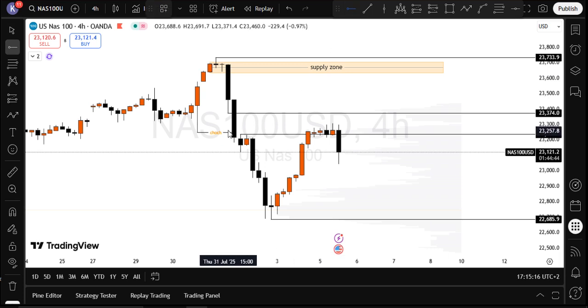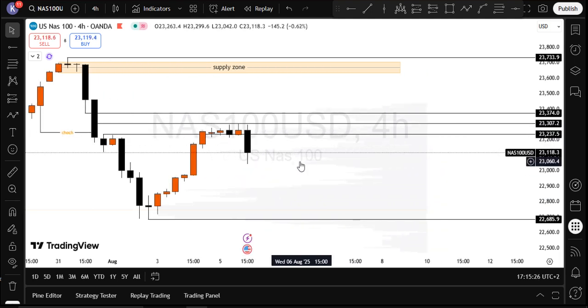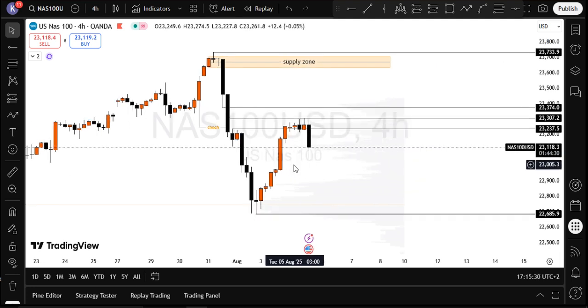We can also see that the market mitigated 50% of that fair value gap, meaning half of that fair value gap was filled, meaning we are looking for selling opportunities as long as the market fails to break above the fair value gap.